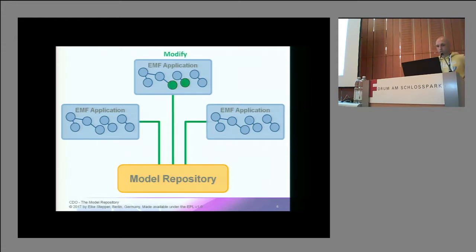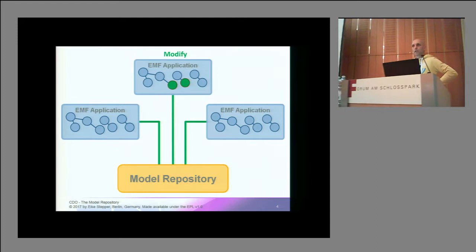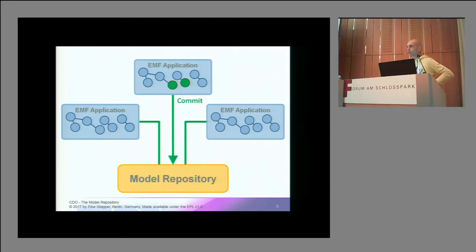And typically, the user of an application or a background job modifies an object or multiple objects in a CDO transaction, commits this transaction to the central server, and the server sends notifications to the other clients to inform them that parts of the model have changed. When the other applications access these objects again, they are transparently reloaded from the server.